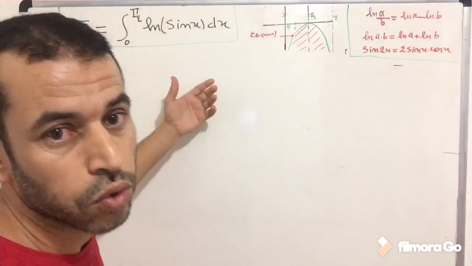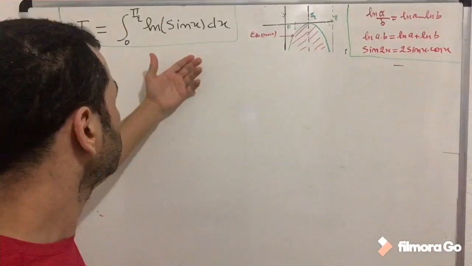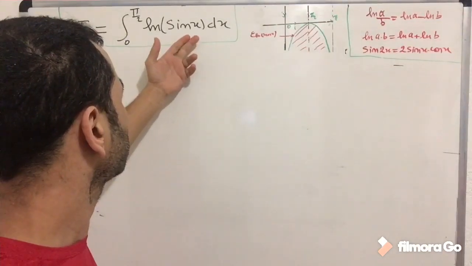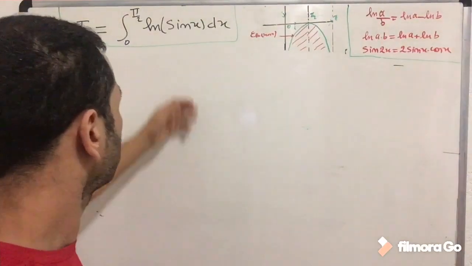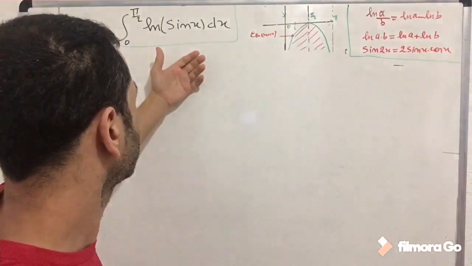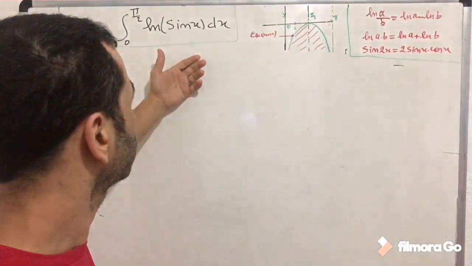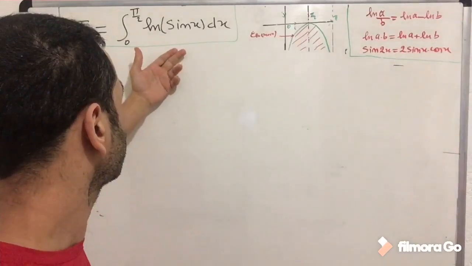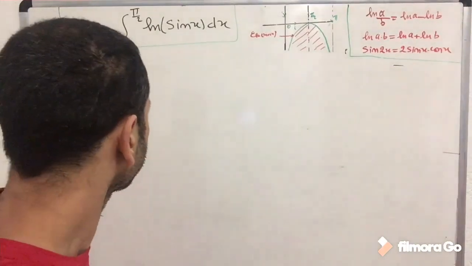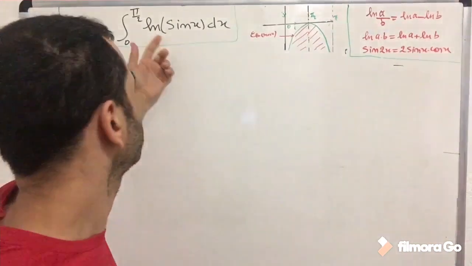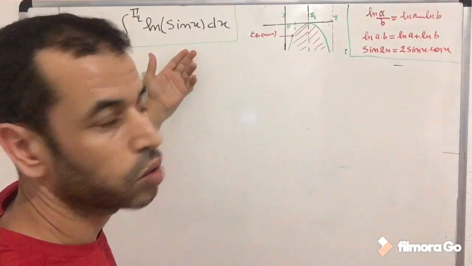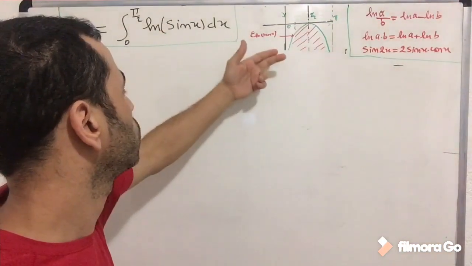The first thing we should know about this integral is that there is a sine x inside of the natural log. So 90% we should use a substitution to solve it, because to use integration by parts we would need two functions here to reduce the term to one term.